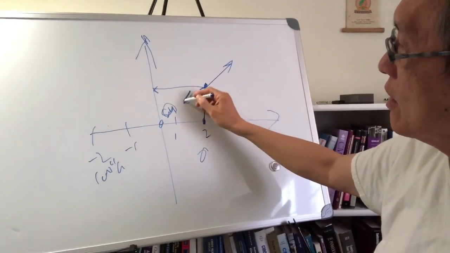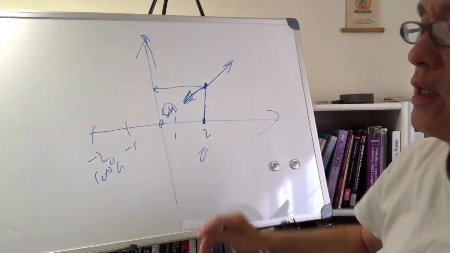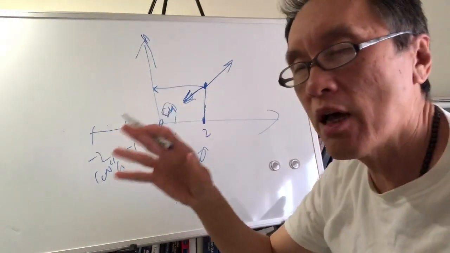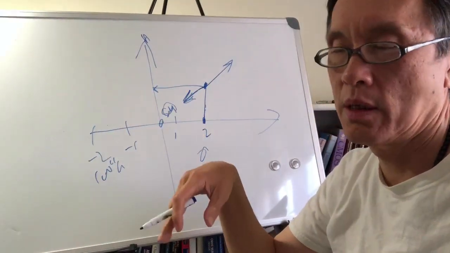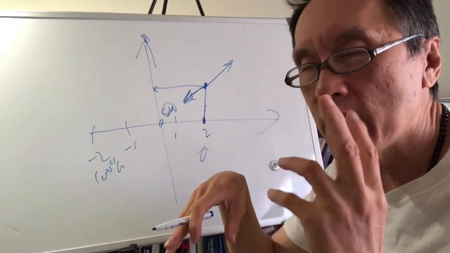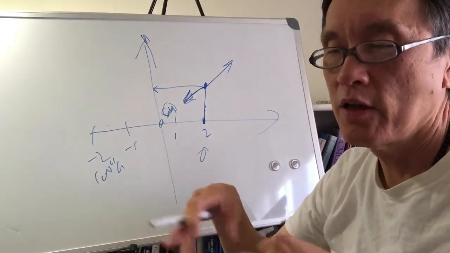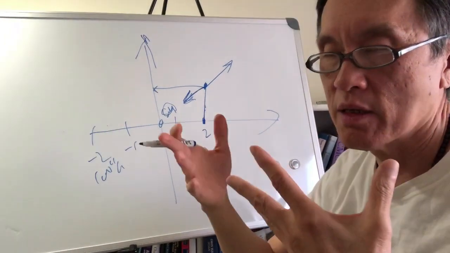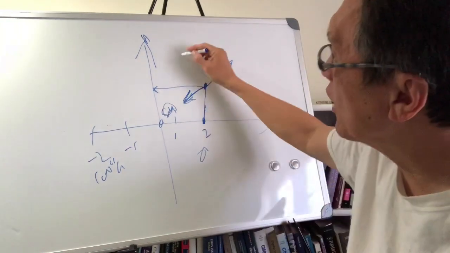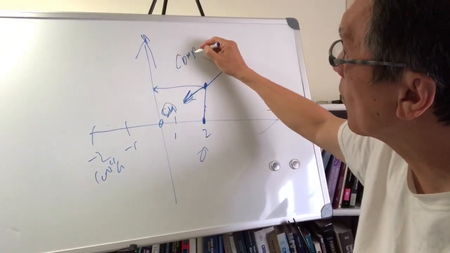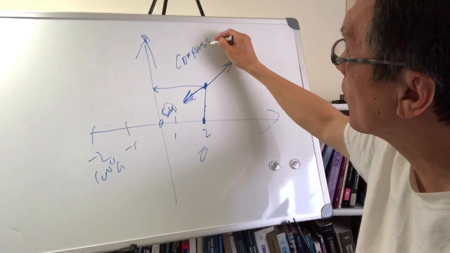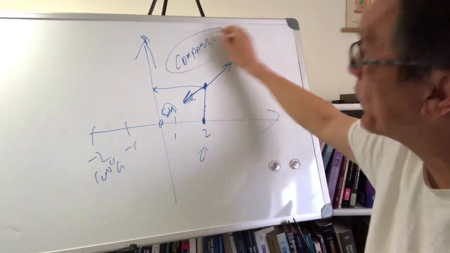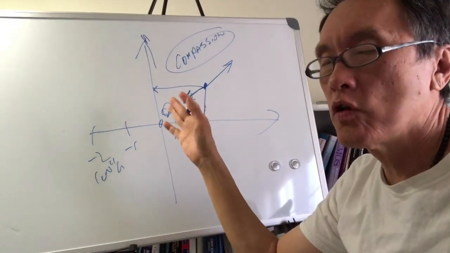Now, if we go inward this way, we will find that the self is impermanent, and that gives rise to compassion.